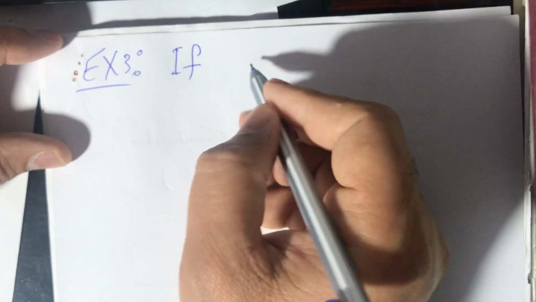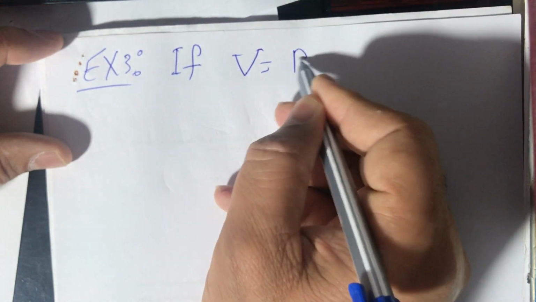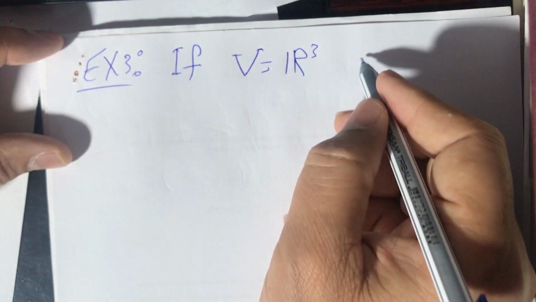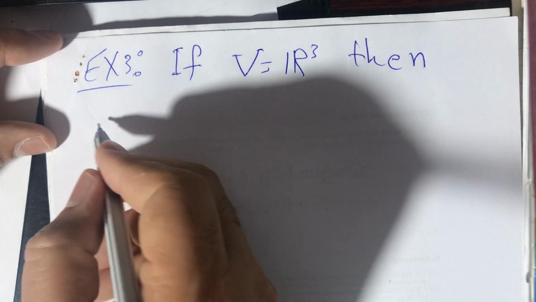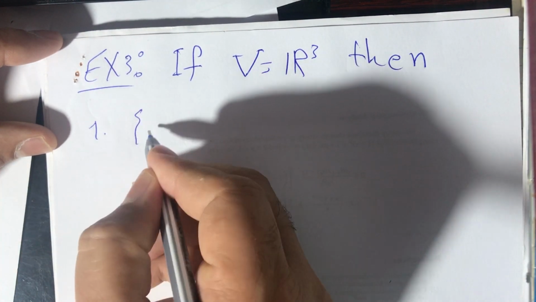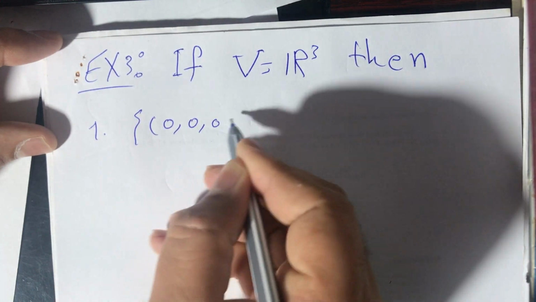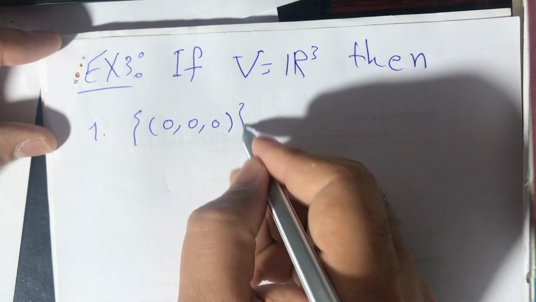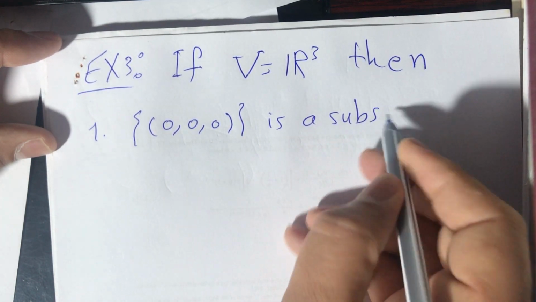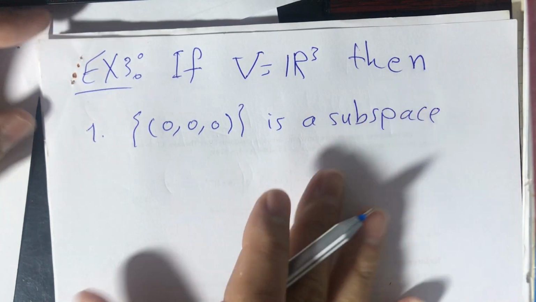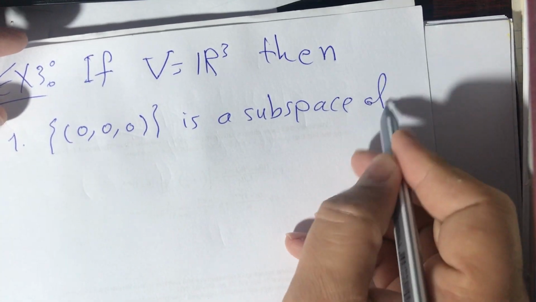If V is equal to R3, now in R3, then number 1, the set {(0, 0, 0)} is a subspace of R3.